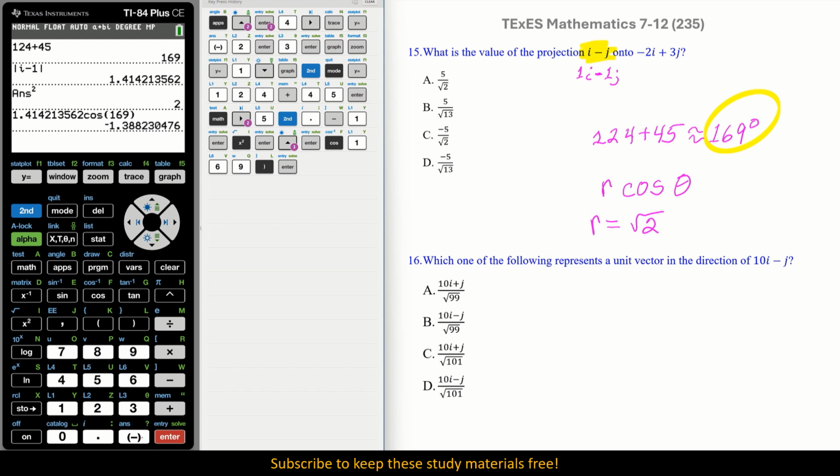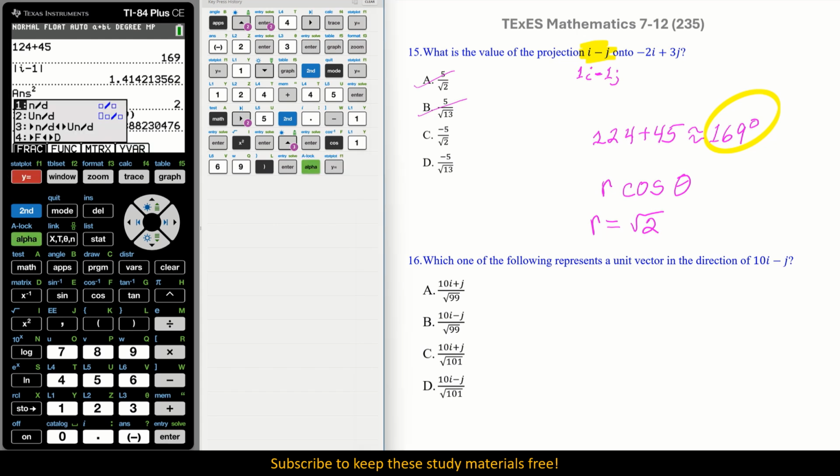None of these, even if we try to get a fraction out of that, we're still going to have issues because of the squaring. But A and B are positive, so that knocks those two out. Now what do we need to do? Well, we need to put C and D in the calculator and see if it matches what we have. It's the best plan we have, so let's give it a try.